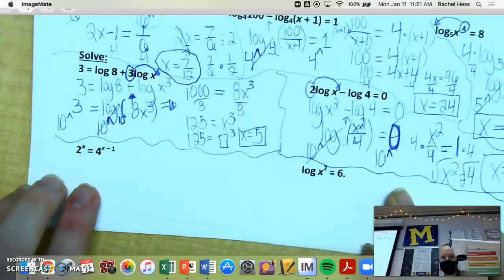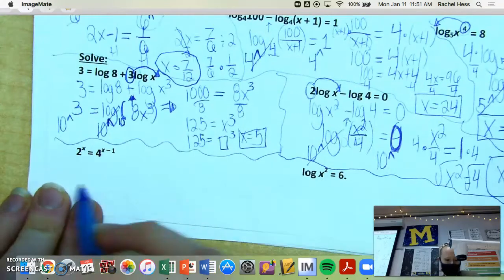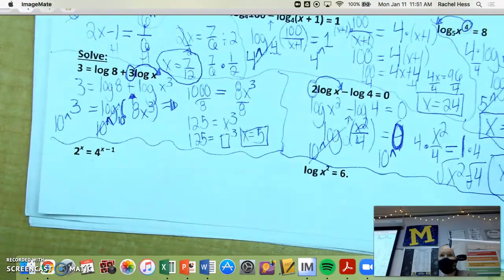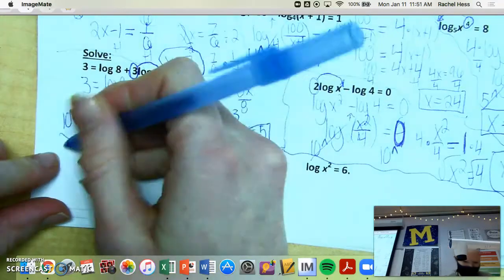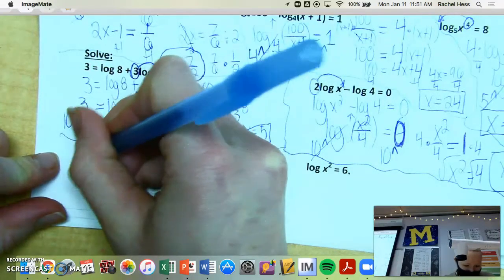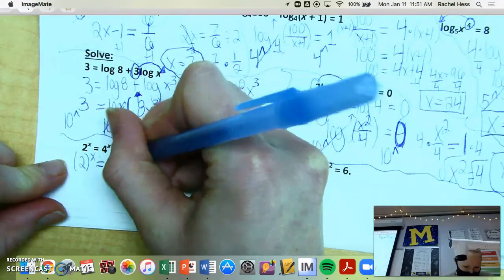Here, instead of starting with logarithms like we have been the last 4 or 5 examples, we're starting with exponentials again. Remember, the first thing you should try to do is get your bases to match. And then if you can't, that's when you can use the calculator way, right? But first and foremost, I know 2 goes into 2 and 2 also goes into 4. So we have 2 to the x power, and then 4 is equal to 2 squared, correct?